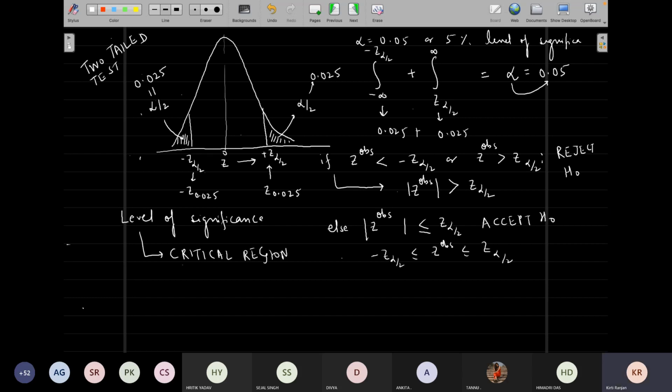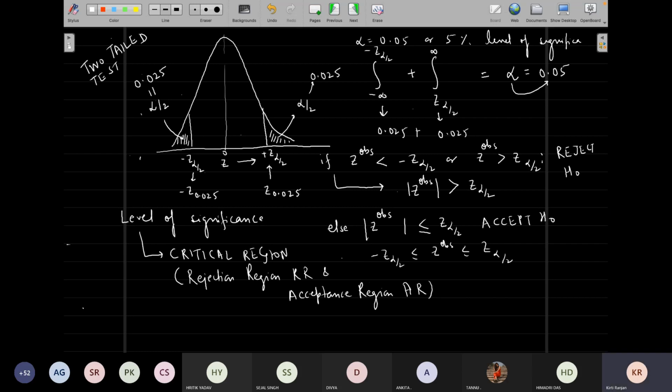Because if the result is such that z observed falls on the left or the right side, then we are going to reject the null hypothesis. So this is the rejection region, which I call RR, and this I call the acceptance region. Once all of this is done, it is rather simple, because then we are just going to follow these steps in our problem.